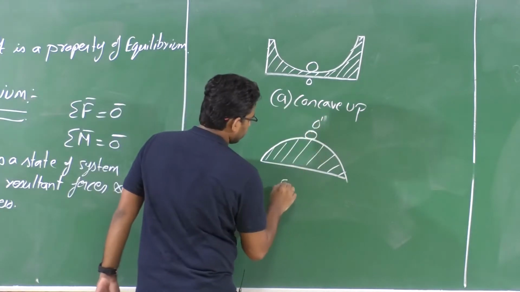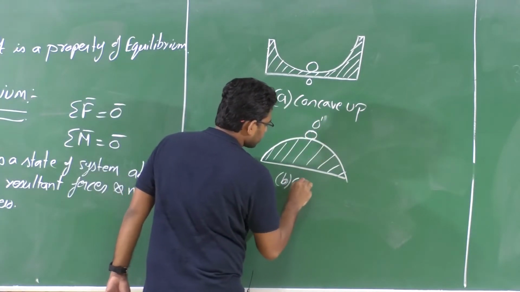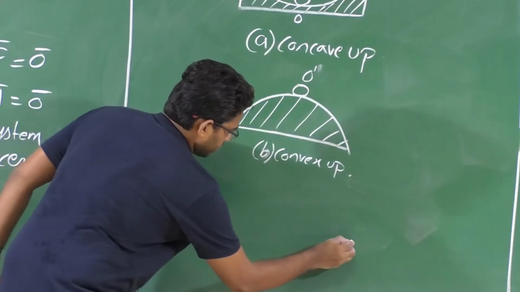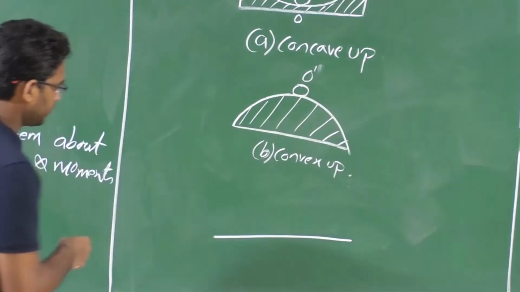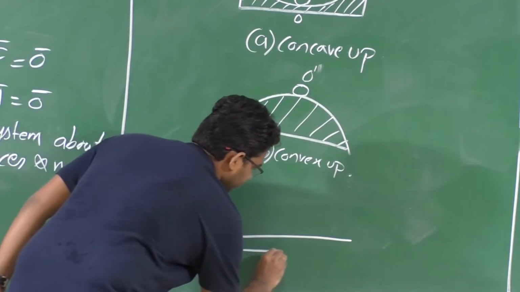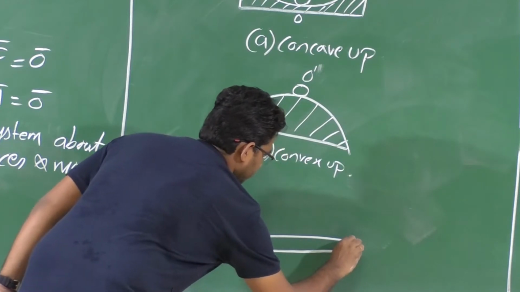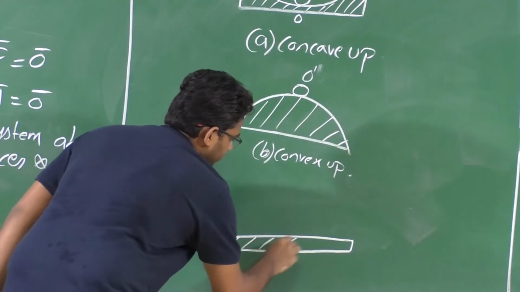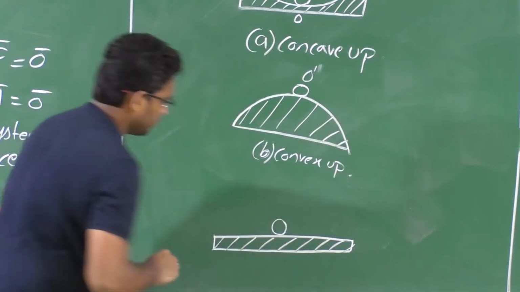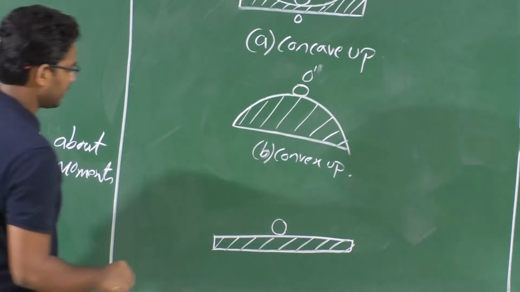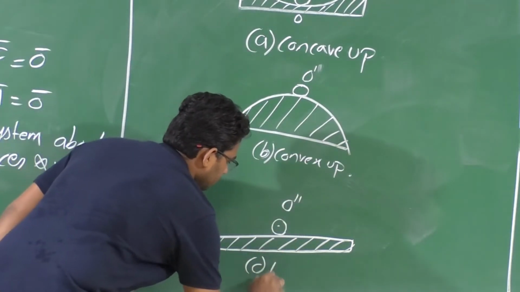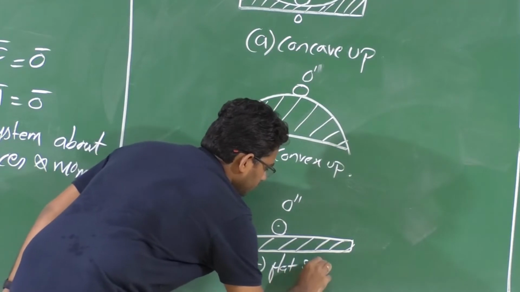So this is convex up. Let's assume this as a flat surface, and the same ball is placed on this flat surface. Let this location or position be O double prime. So this is on a flat surface.